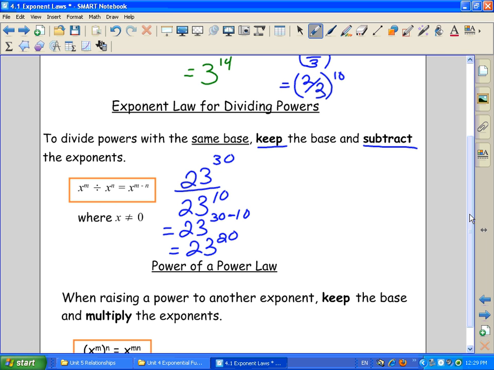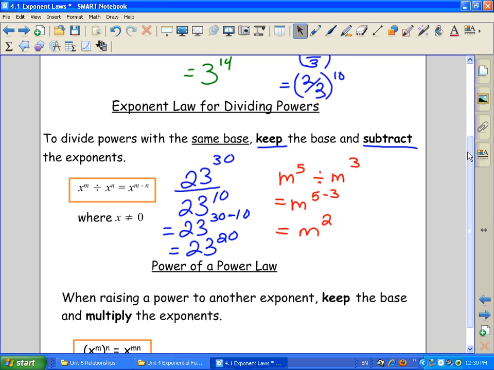Another example is m to the power of 5 divided by m to the power of 3. Again, that's the division law, so we subtract the exponents, keeping the base the same. So it's going to be m to the power of 2, or m squared.